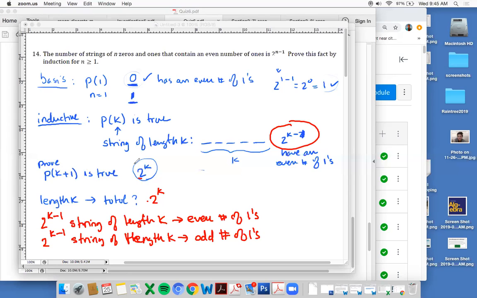Okay, so now basically we're going to build a string of length k plus 1. So from my strings of length k, I'm going to add one more bit to make a string of length k plus 1. So I have 1, 2, 3, 4, whatever. This is length k. I'm going to add 1 at the end to make a length of k plus 1. Okay, so let's look at each option. For the ones that already had an even number of ones, to keep it with an even number of ones, what would I add at the end?